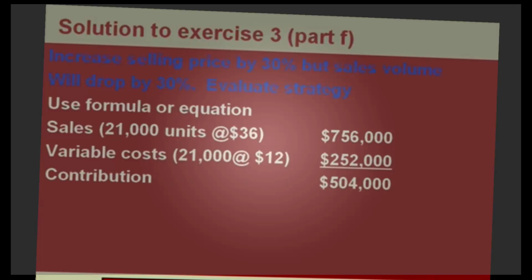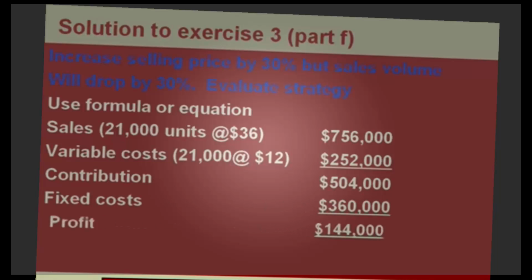Fixed cost, the contribution is 504 if you subtract, and the fixed cost is 360, so the profit is 144. So what's your conclusion? Originally it was 180,000. Now it's gone down to 144,000. So it's not a good strategy. It's not beneficial to the company. Let's look at part G.